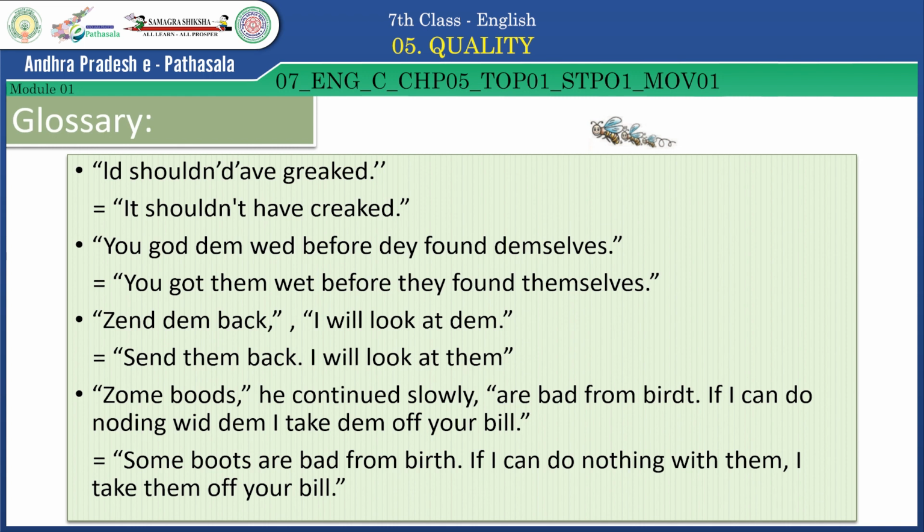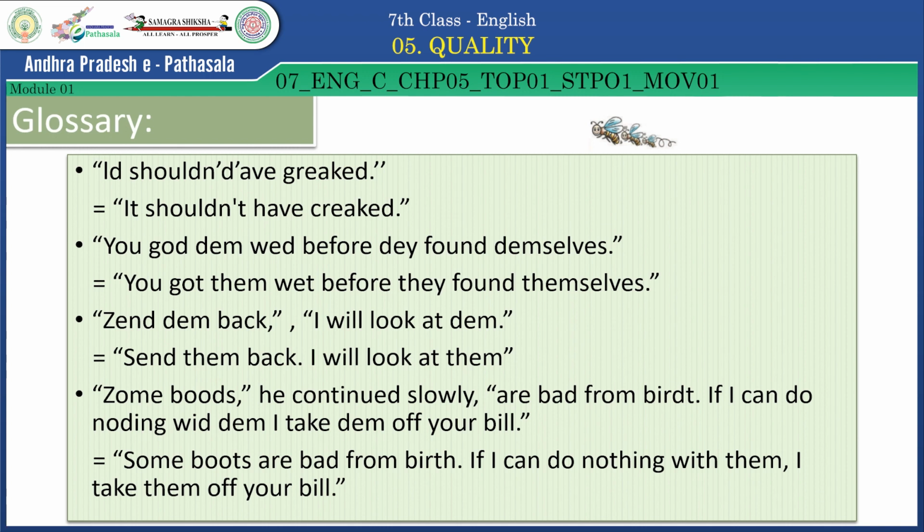Additionally, word order may be affected, as seen in you got them wet instead of you got them wet. These features combined with the pronunciation of certain consonants like v as v and z as s contribute to the distinct influence of a German accent on English.